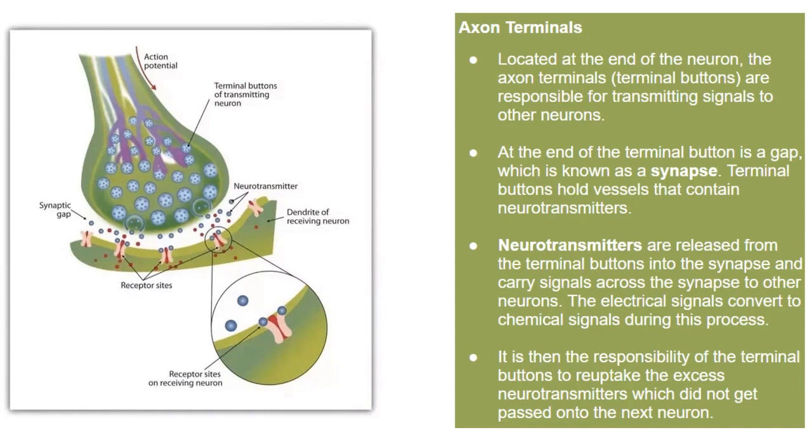Neurotransmitters are released from terminal buttons into the synapse and carry signals across the synapse to other neurons. Electrical signals convert to chemical signals during this process. It is then the responsibility of the terminal buttons to reuptake the excess neurotransmitters which did not get passed on to the next neuron.